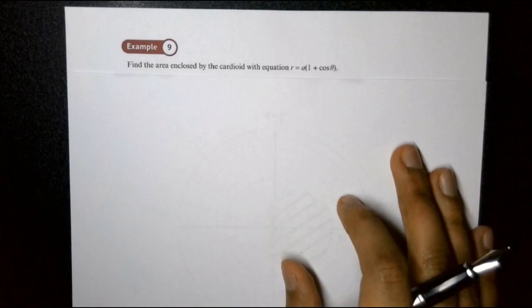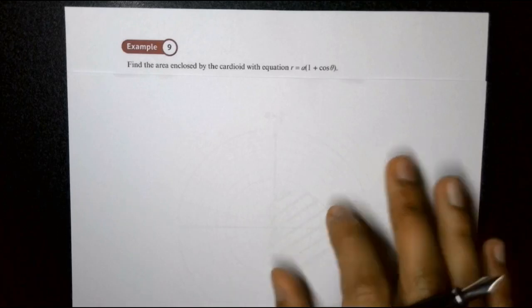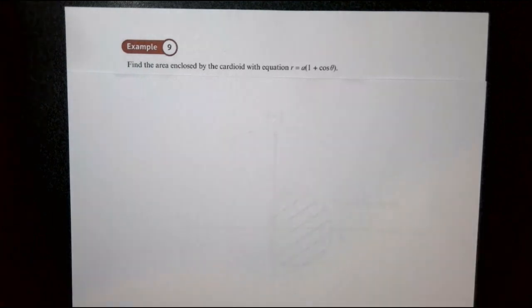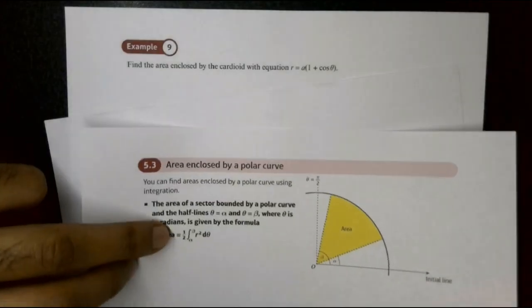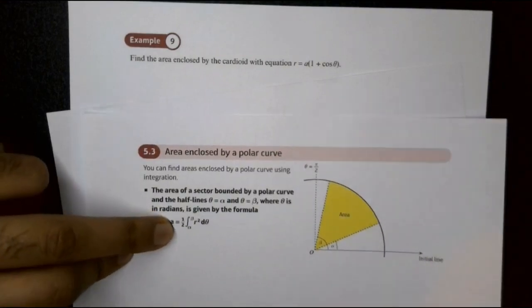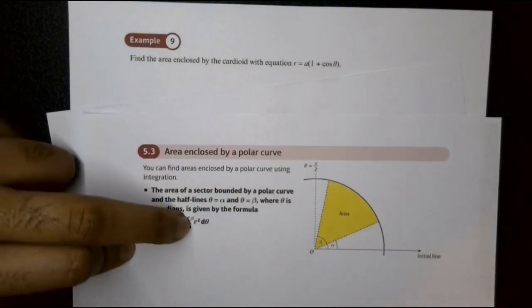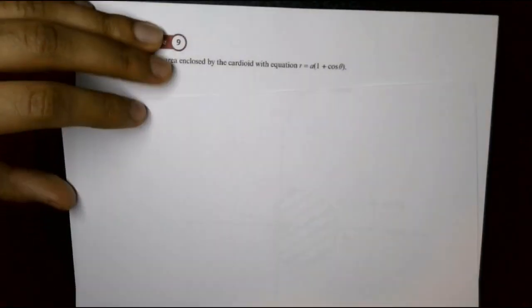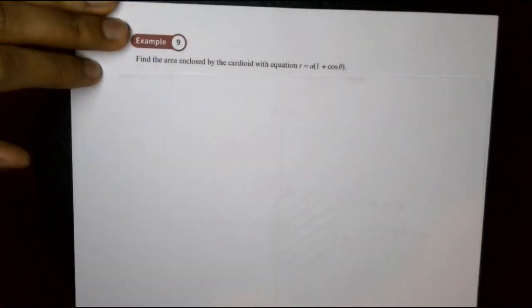So for us to find the area, what we need to do is use this idea over here. The area is equal to 1/2 lots of the integral from alpha to beta of r squared with respect to theta. Now you may think to yourself, what are the limits in our integration problem?